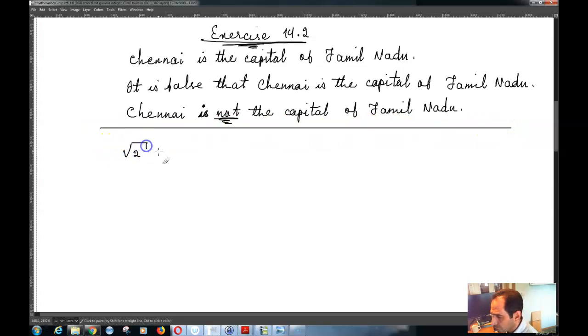When you say square root of 2 is not a complex number, the negation of that, you could say it is not the case, for example, that square root of 2 is not a complex number. So you would say square root of 2 is a complex number.